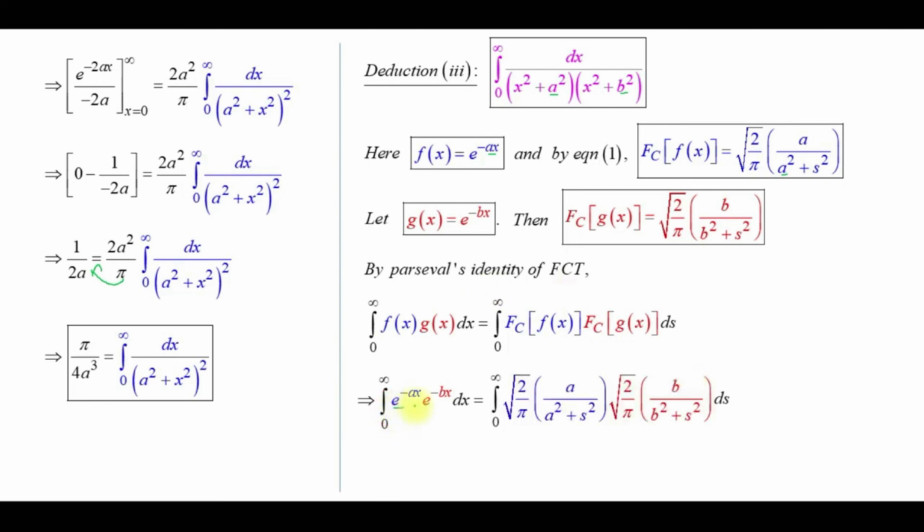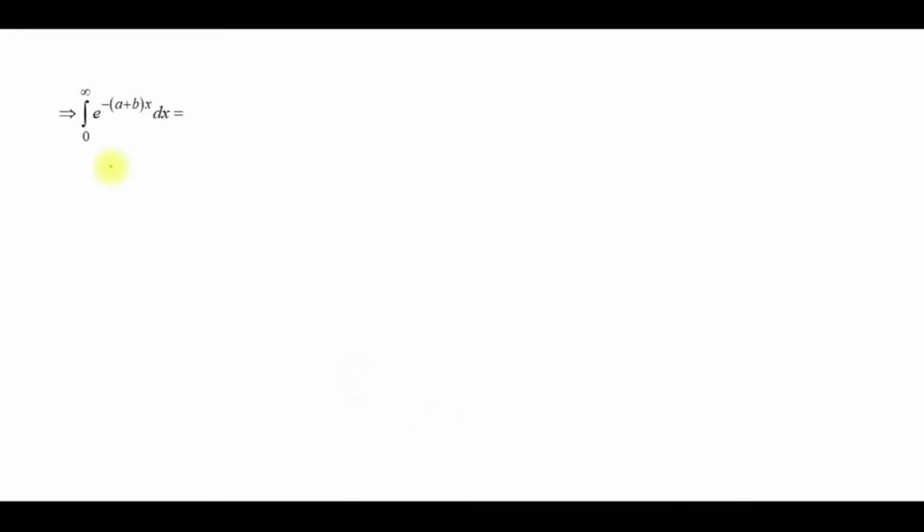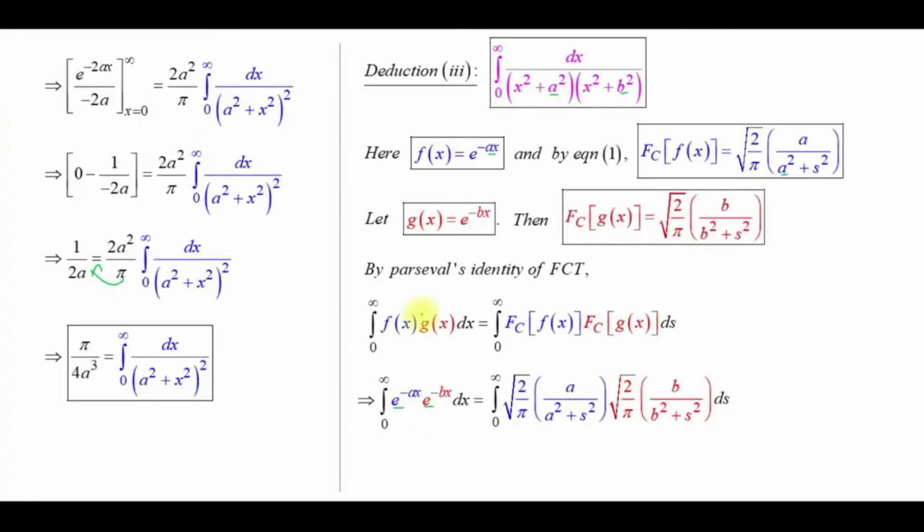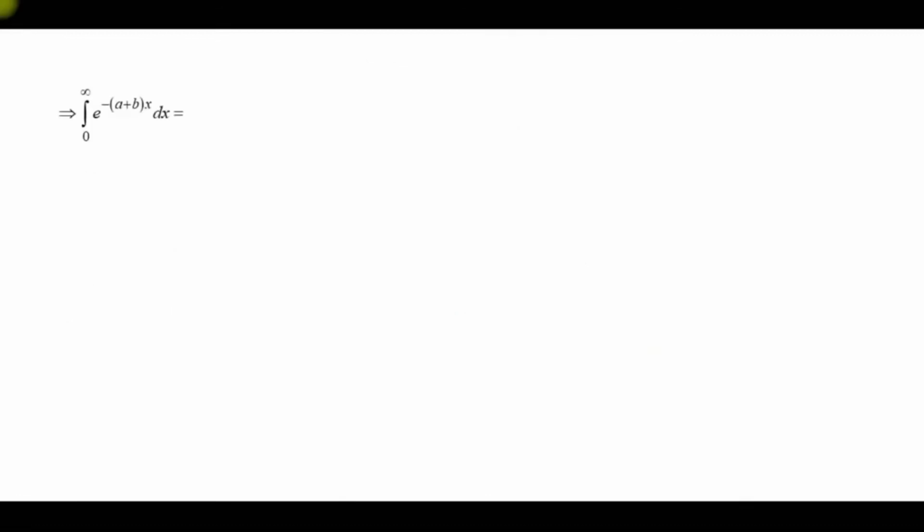So here the base is same, so we add the exponent terms. This implies the integral from 0 to infinity of e power minus (a plus b)x dx is equal to square root of 2 by pi into square root of 2 by pi, which is 2 by pi. So ab is constant, that is 2ab divided by pi into the integral from 0 to infinity of ds divided by a square plus s square into b square plus s square.